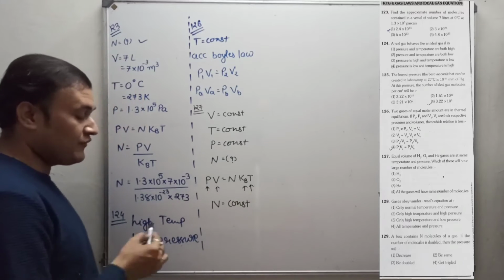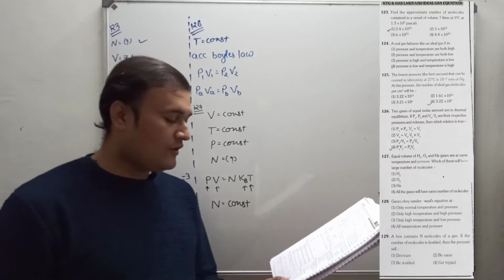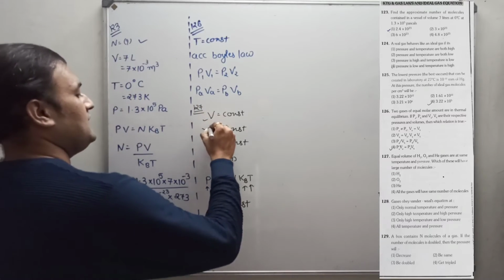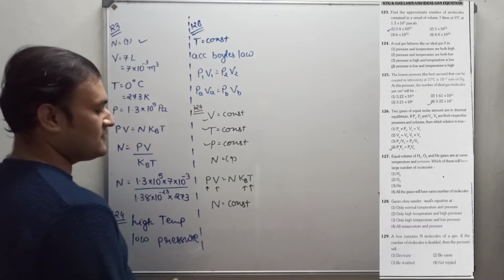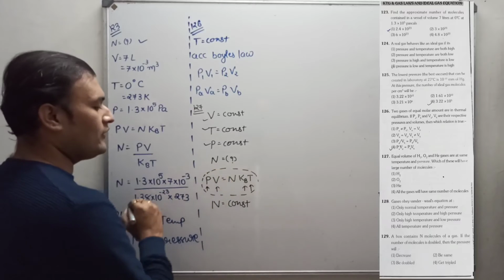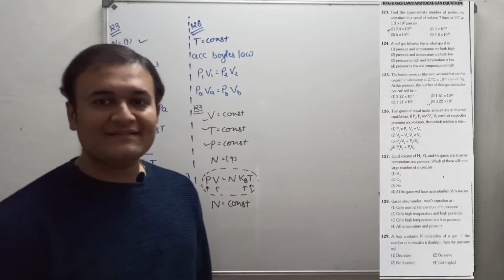So we can say option D: all the gases will have the same number of molecules because V, T, P are all constant. The number of molecules is the same for all gases.